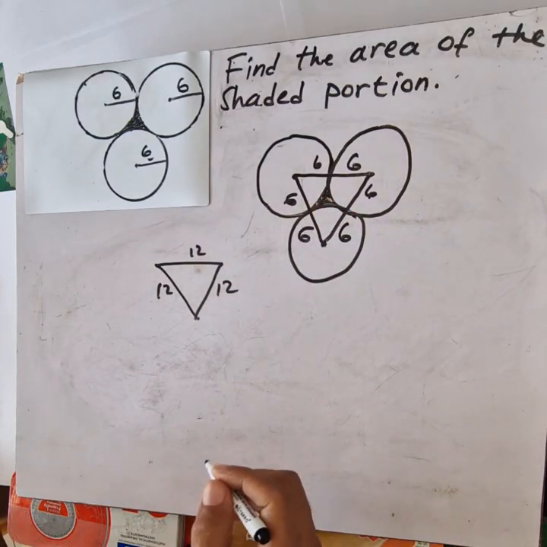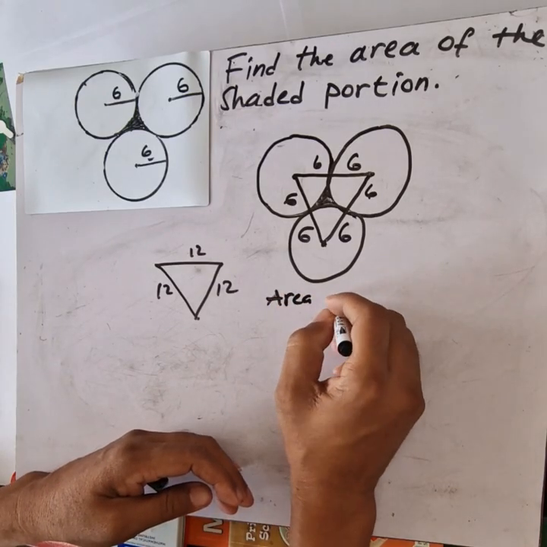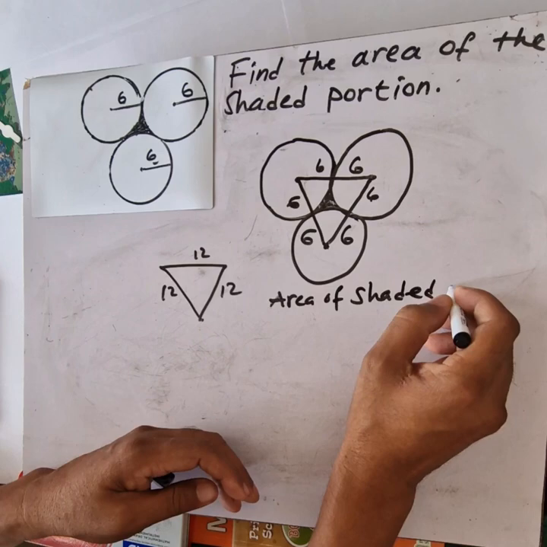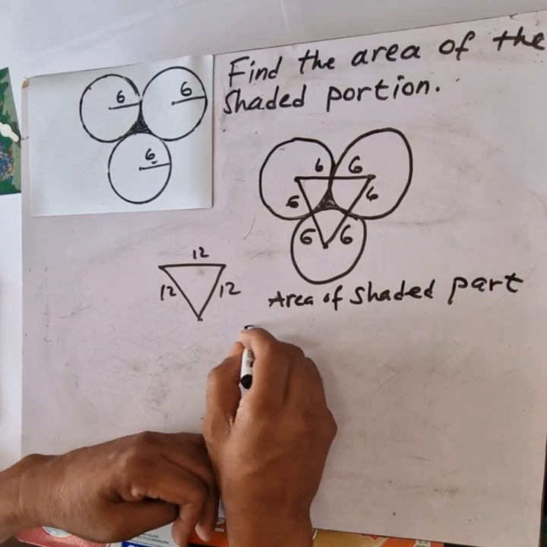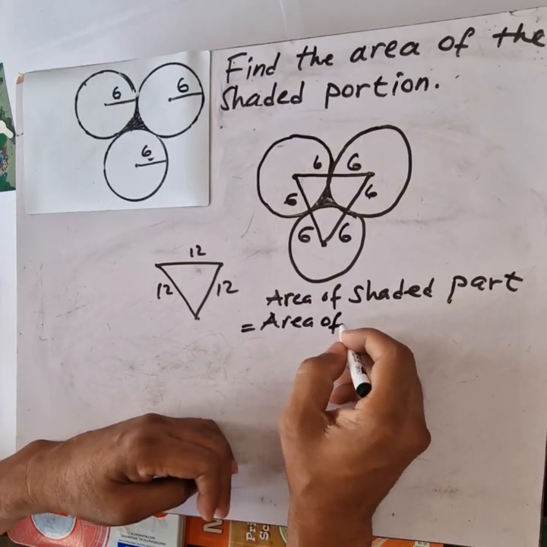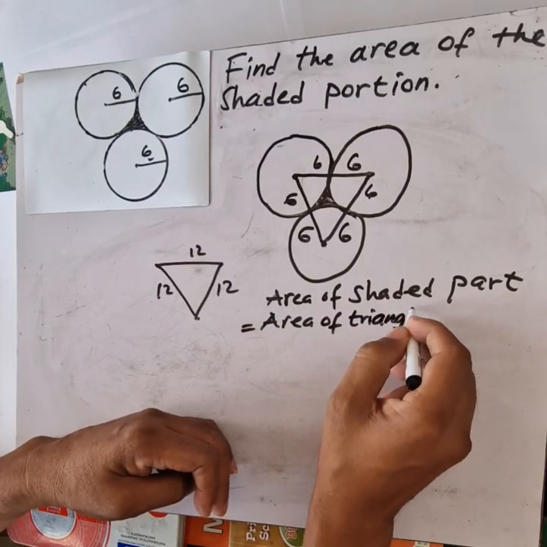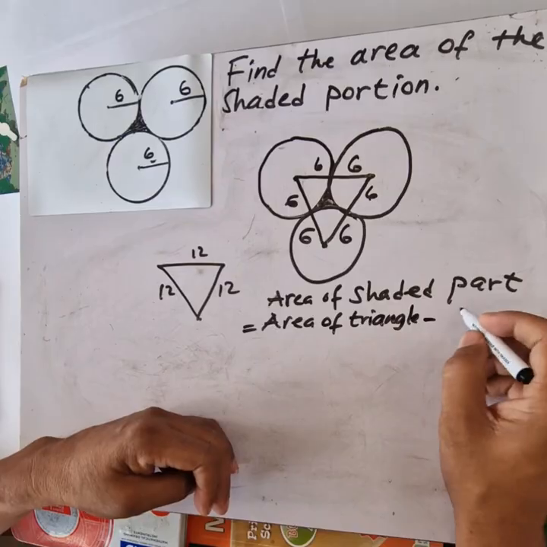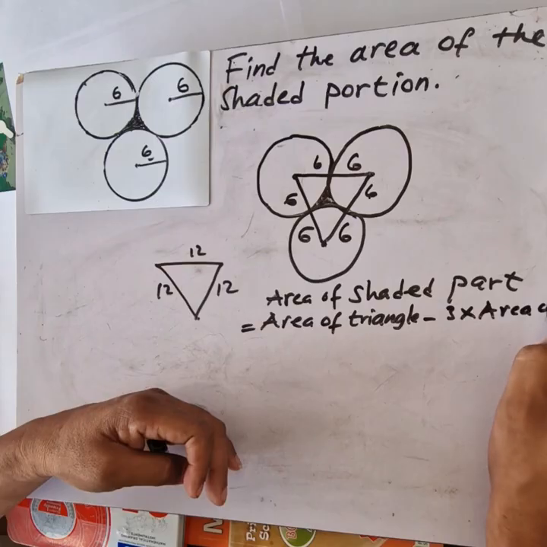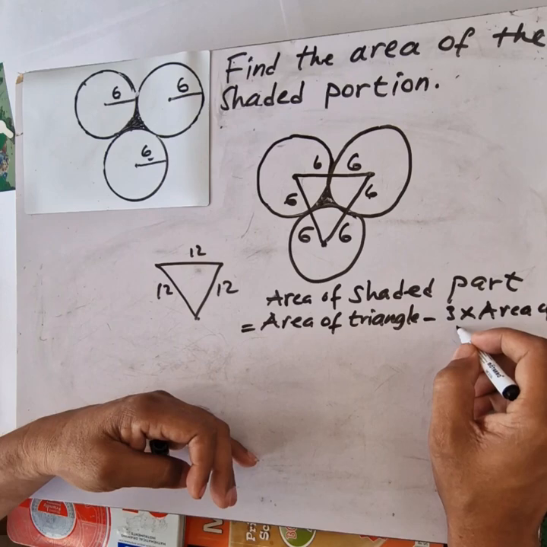So quickly, I'll say the area of the shaded part is equal to the area of the triangle minus 3 times the area of a sector.